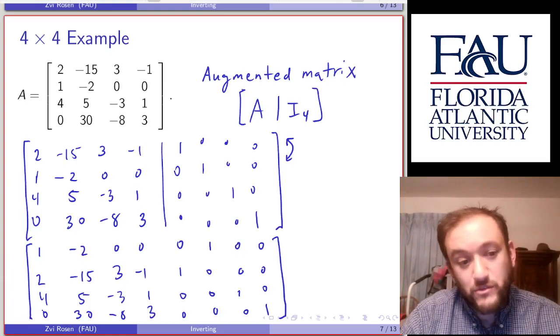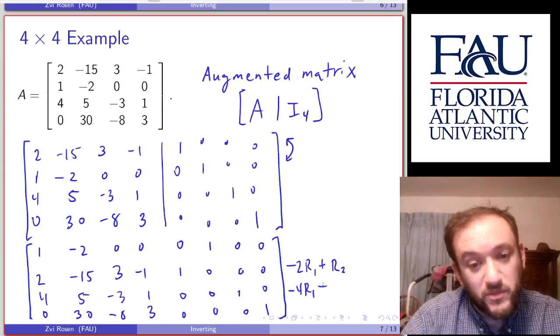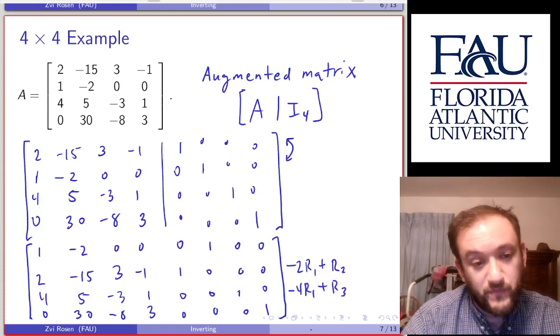As we always do with Gauss-Jordan elimination, once we have our leading one, we eliminate everything above and below it. So we're going to take minus 2 times row 1 plus row 2, and minus 4 times row 1 plus row 3. Okay.